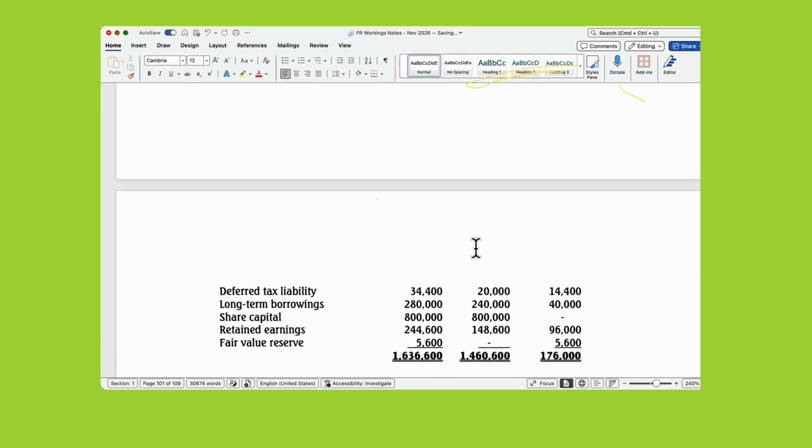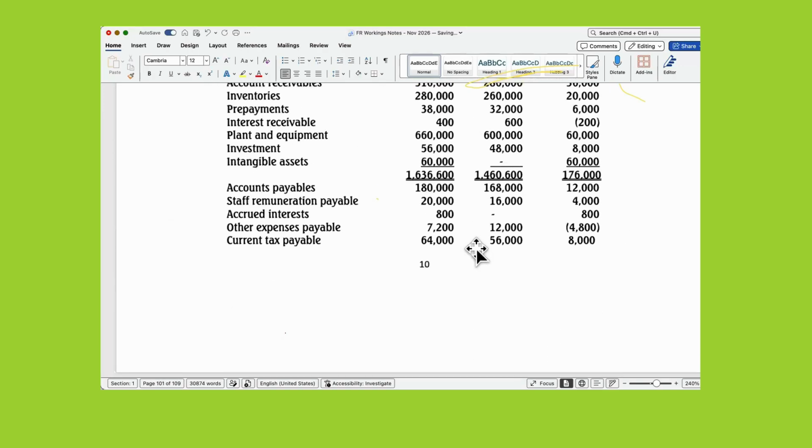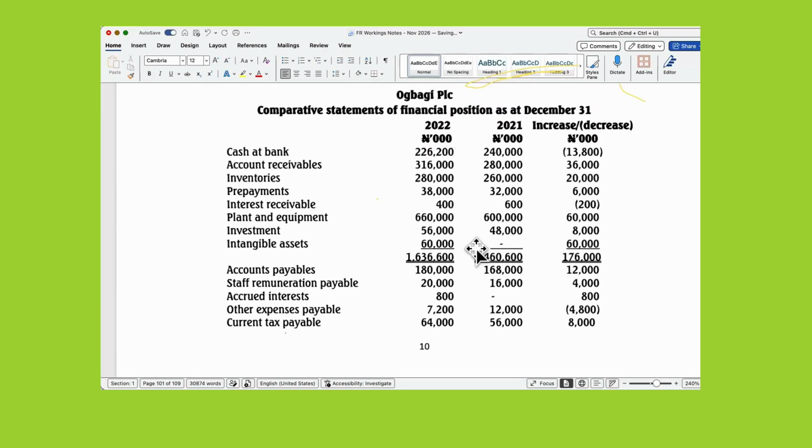And that is all. I think that's the final item. Yeah. So that's all for investing activities.